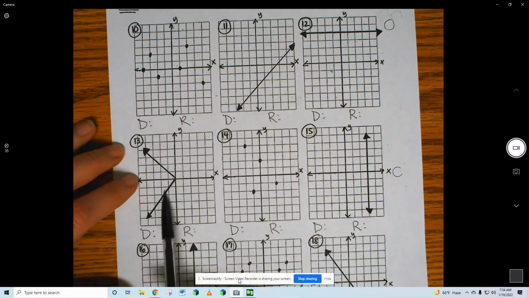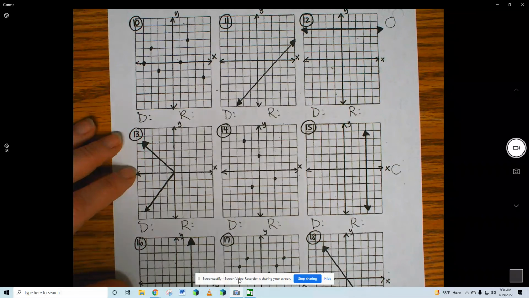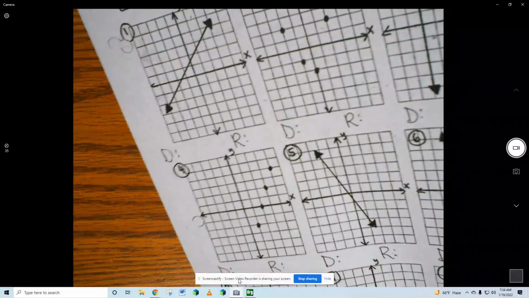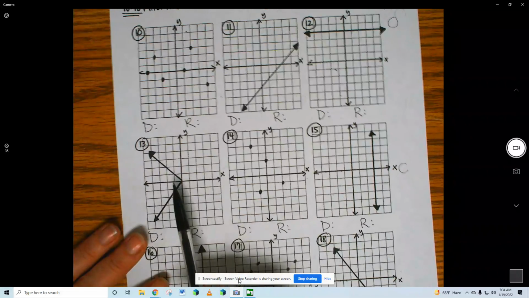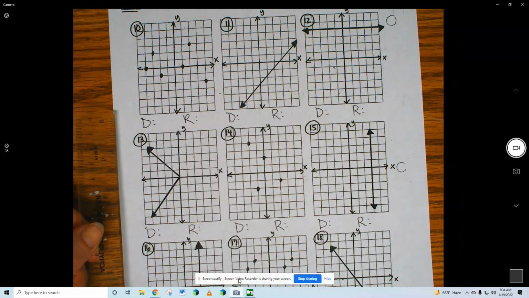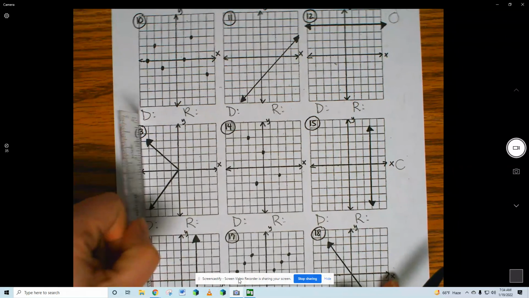Number 13. What's the domain of 13? What am I going to say for domain for 13? From the left, what does it hit?